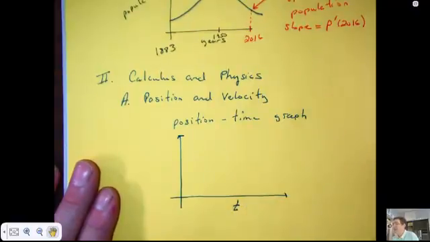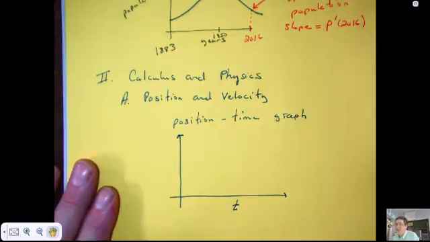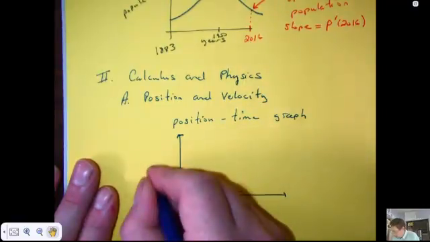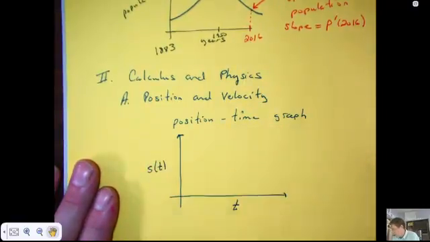In math we usually use an S for position. That's just been the standard for a long time. Not so much in physics. In physics we often use an x or y depending on what dimension we're looking at, horizontal or vertical, but often in physics we have an s. So this will be s of t, my position.